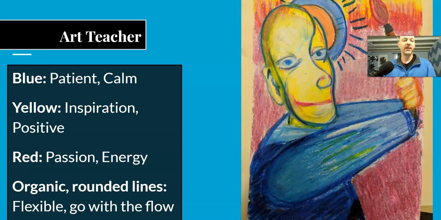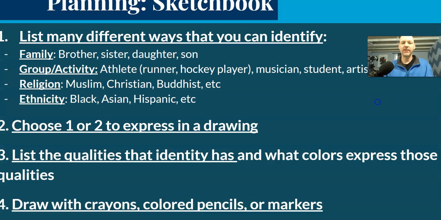I chose yellow because you have to have inspiration, you have to be positive, and red because you have to be passionate and have energy. I also chose kind of rounded lines because you have to be flexible, you have to make changes. If I made geometric lines, harsh lines, that might be showing strength. So all of the choices that you make matter. They help tell the story.